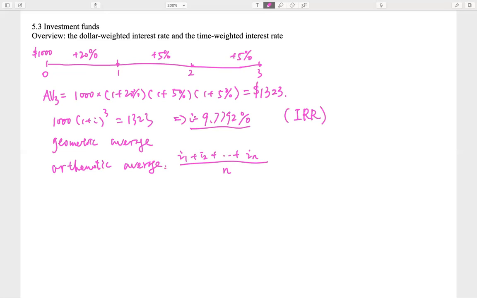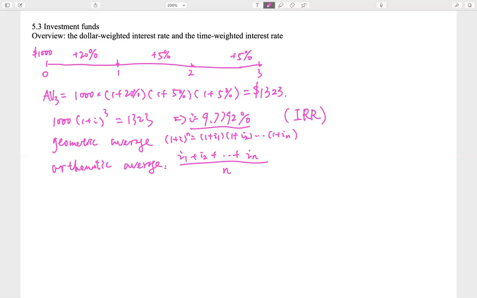The geometric average is what is defined above. So what you have is this. This is the so-called geometric average. But sometimes, things could get a lot more complicated when there is an extra deposit, or there's a withdrawal, right? So this is an easy example.